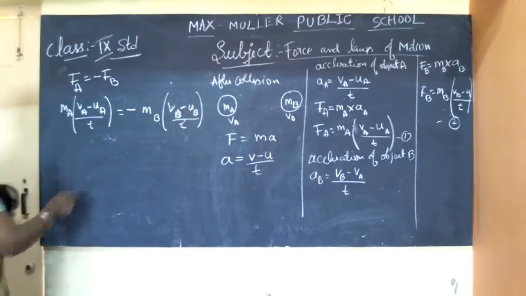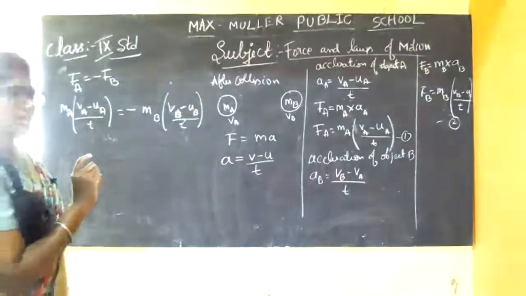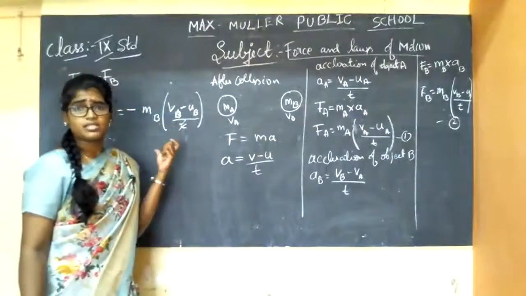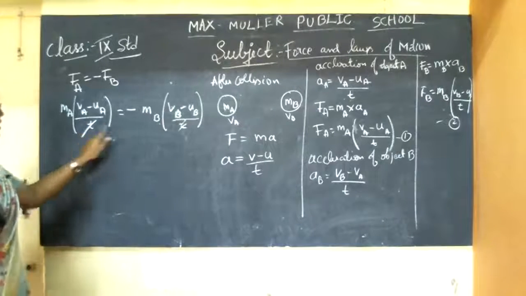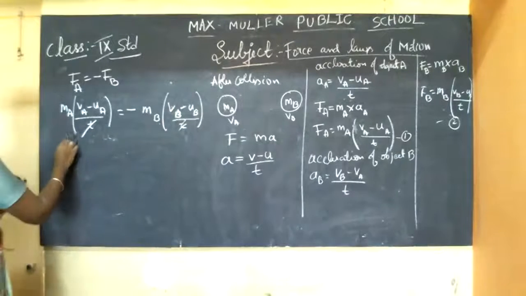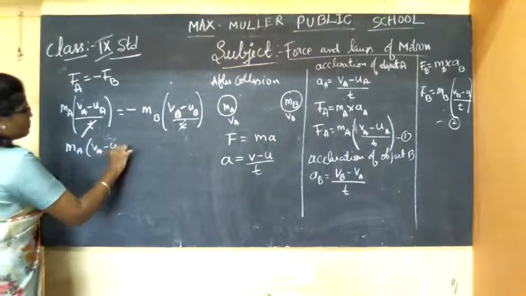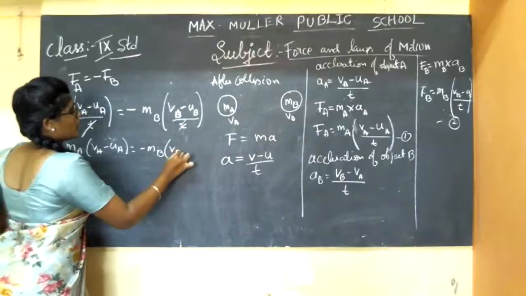Now see the denominator. Both denominators have t, so cancel the t's. You will be left with mA(vA minus uA) equal to minus mB(vB minus uB).